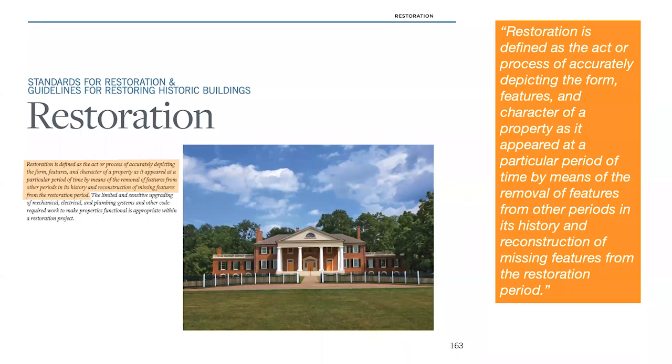And usually we know what they are. We're not making it up. We have photographic evidence or drawing evidence, or we're trying to match a shutter, and there's another shutter on the building. So it's really about putting things back, as opposed to maybe a reconstruction, which is what we do when we're not quite sure of things.